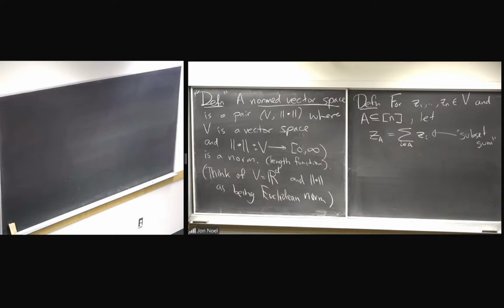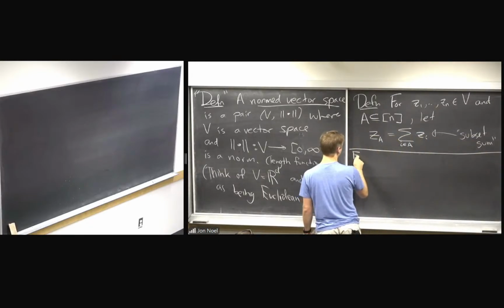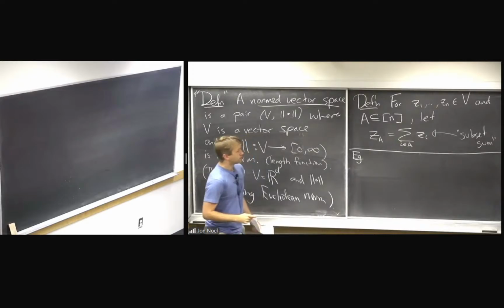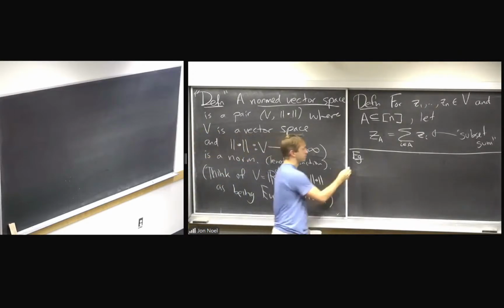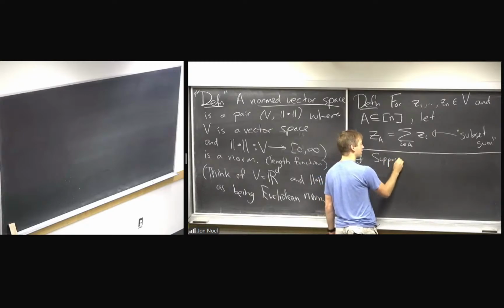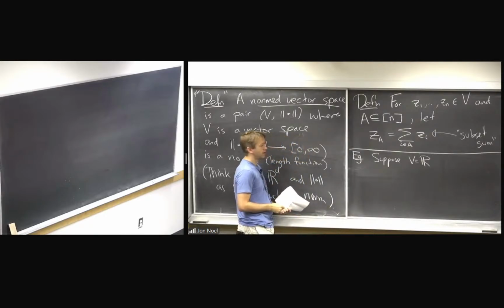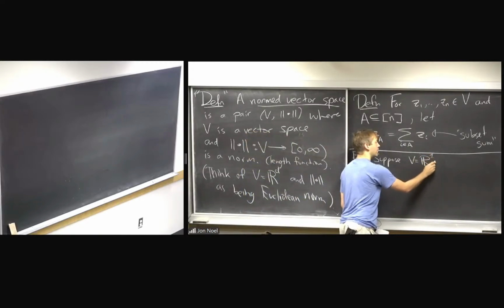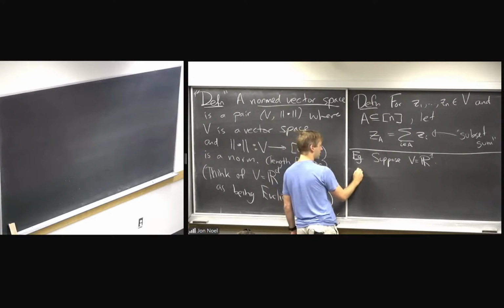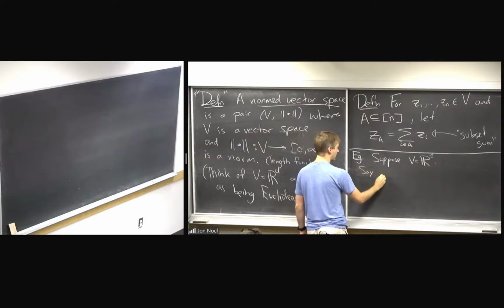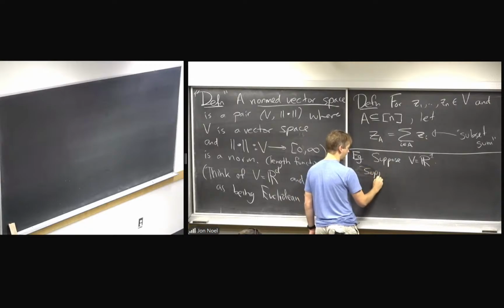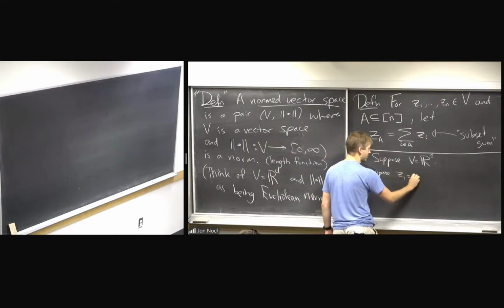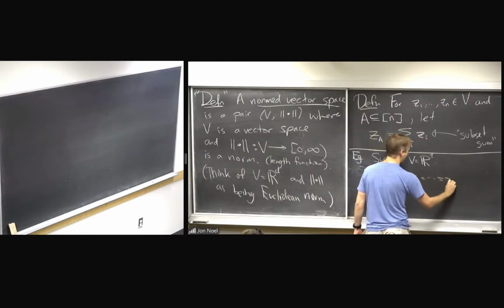Actually, maybe let's do an example. Let's just think of the simplest case. V is the reals, so it's a one-dimensional vector space. In other words, it's R1, right? And suppose Z1 equals Z2 equals ... equals Zn equals 1.